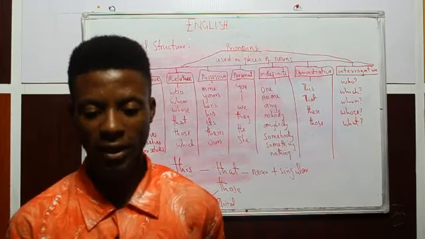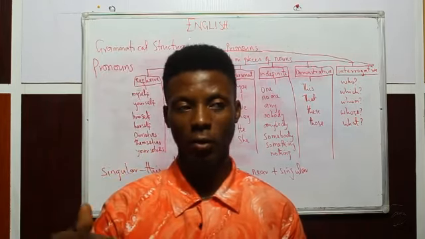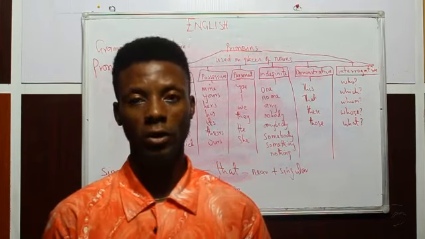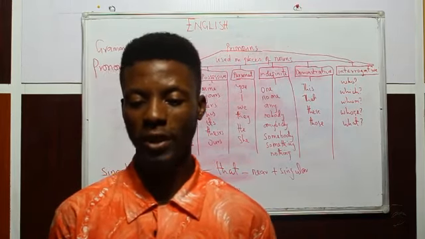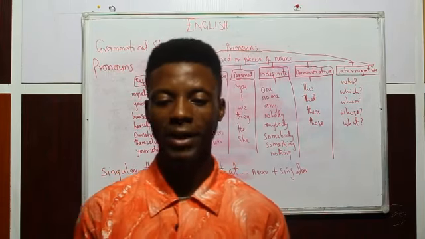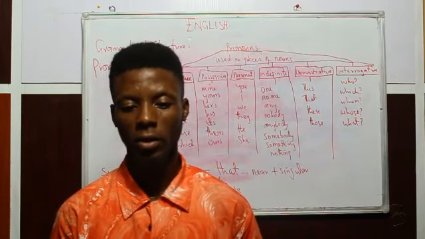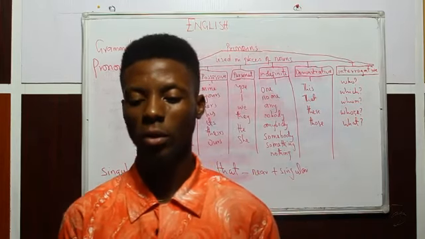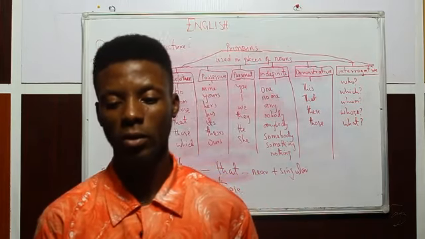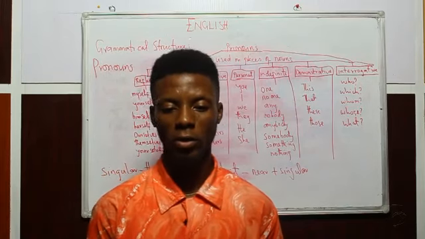We have indefinite pronouns. This is the last part of the pronoun that we'll be discussing today. They are pronouns which express a part of a whole, and they include anybody, somebody, anyone, each, none, nothing, nobody, one, and someone.